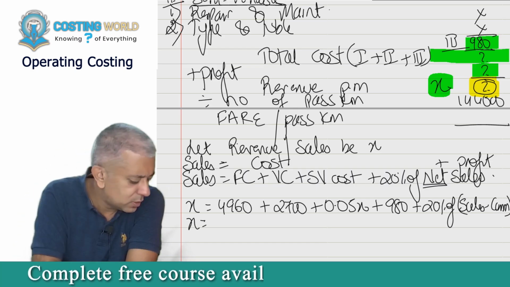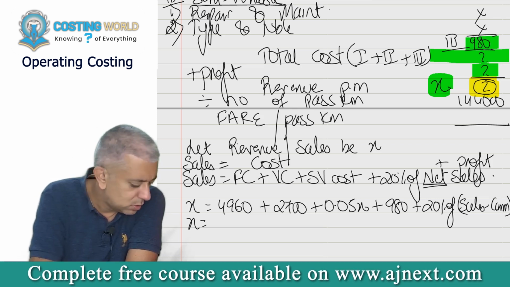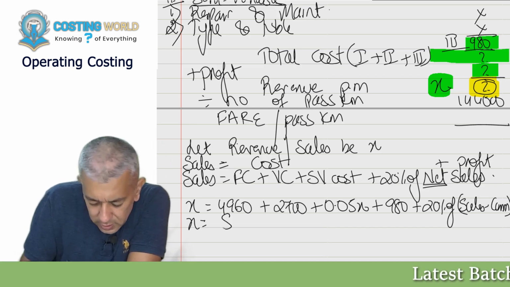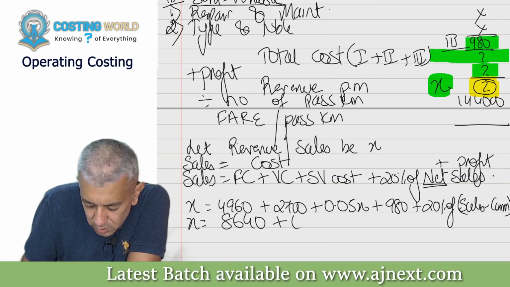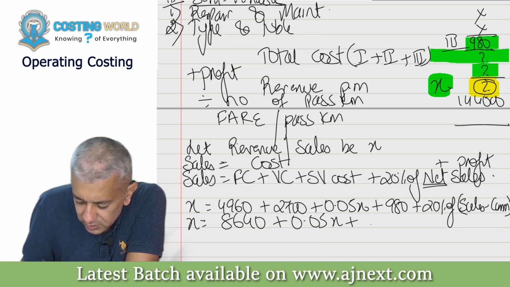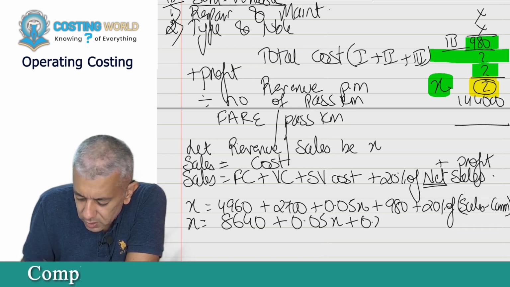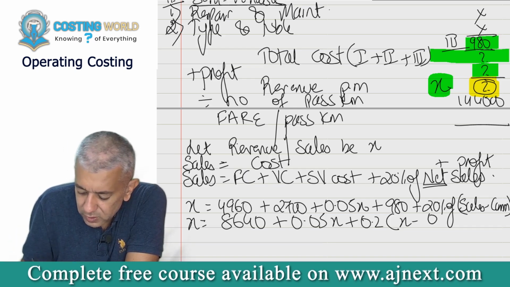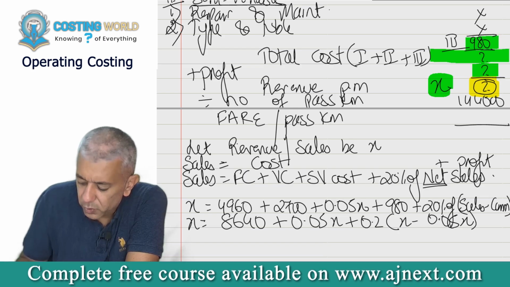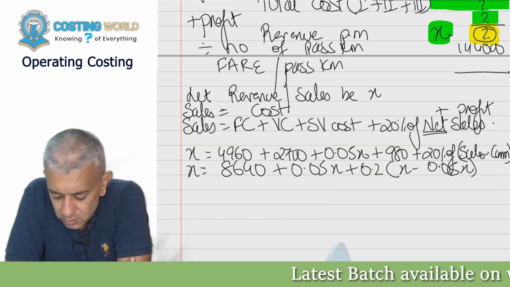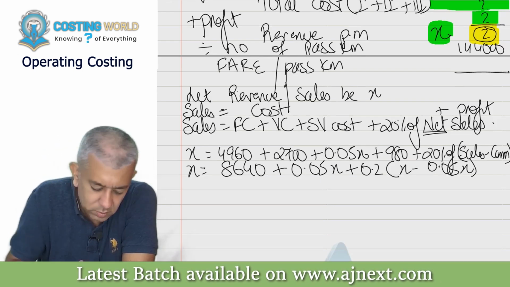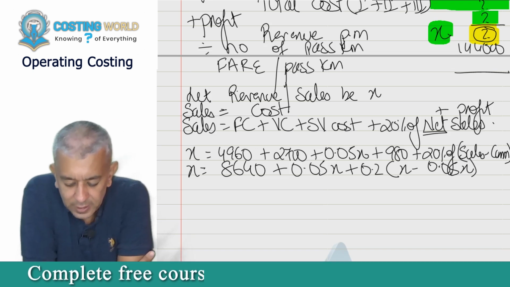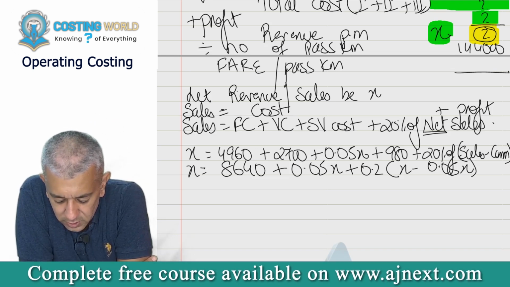Pick up your calci. 4960 plus 2700 plus 980, 8640 plus 0.05x plus 0.2 into x minus 0.05x. I guess you can show your CA foundation skills and get me the answer, please.